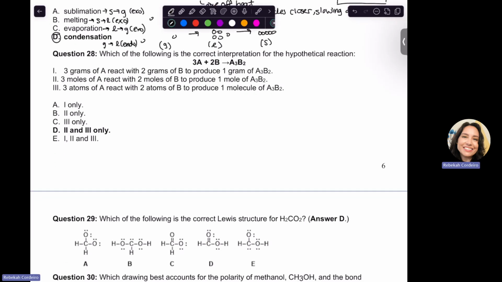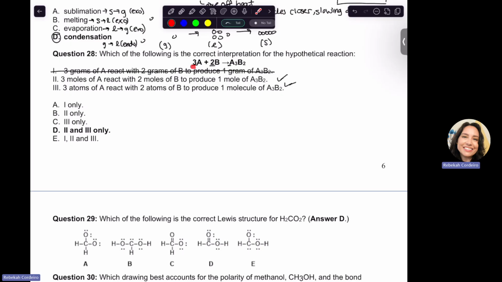All right, so the relationships in a chemical reaction are not in grams, so I'm going to go ahead and get rid of one. They can be in moles or they can be in molecules. So 2 and 3 can be fine. The reason it would be the same number of moles and molecules is because Avogadro's number conversion is the same for molecules and atoms to moles.